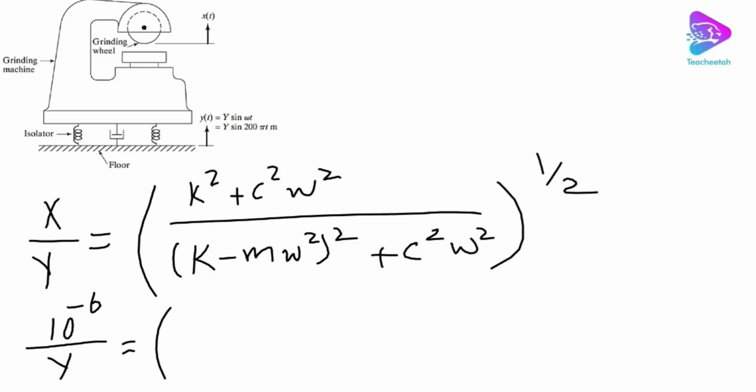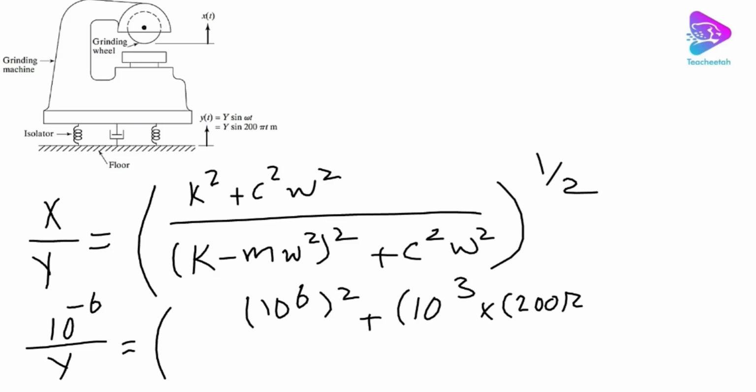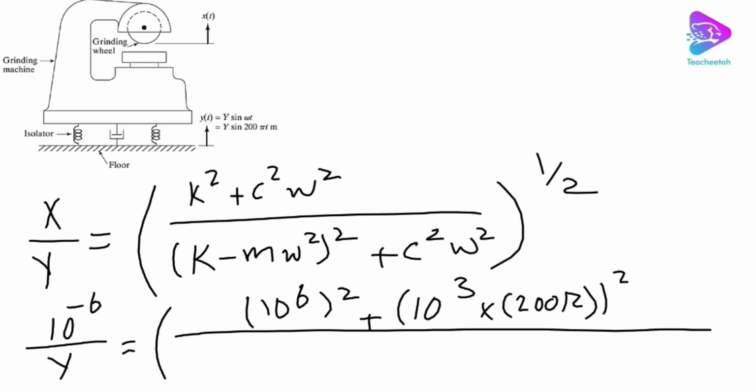I know it's a huge equation. 10 to the power of 6, this is K squared, plus C is 10 to the power of 3, and the frequency is given as 200 pi, squared, divided by 10 to the power of 6 minus.